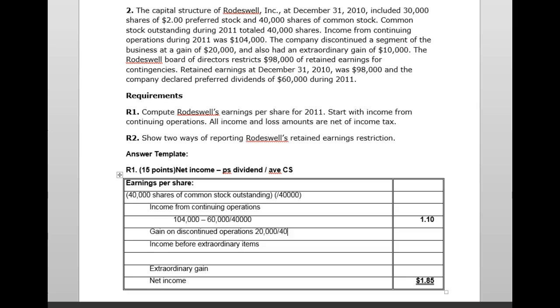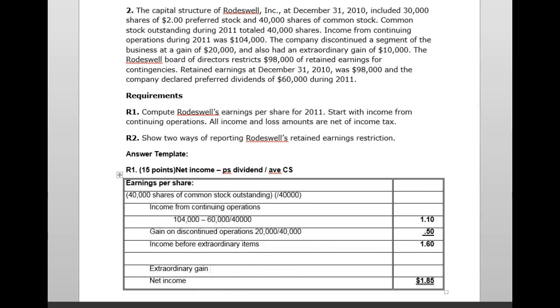And then we had a gain from discontinued operations, and that was 20,000. That's divided by 40,000, and that gives us 50 cents earnings. They want us to add this up. So income before extraordinary items, we made $1.60 per share.